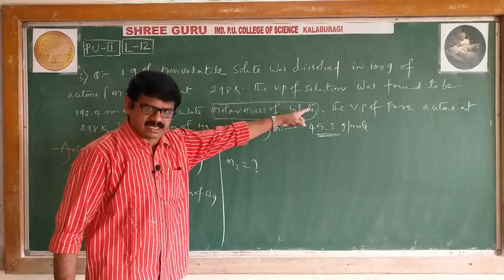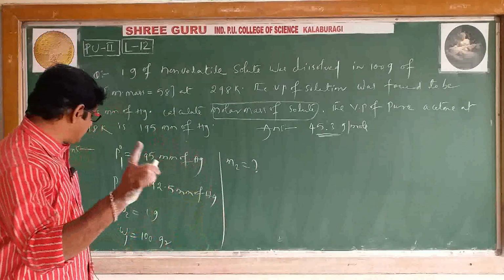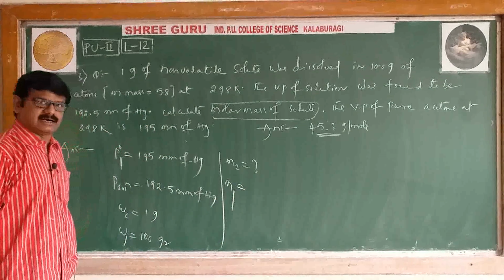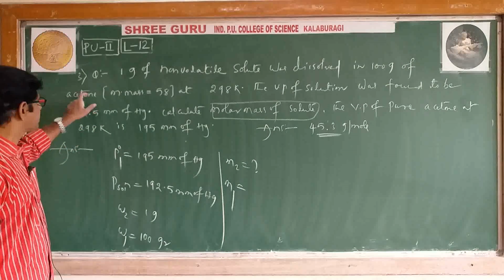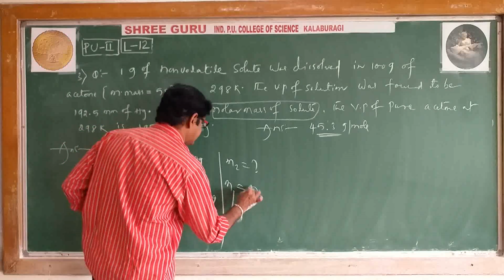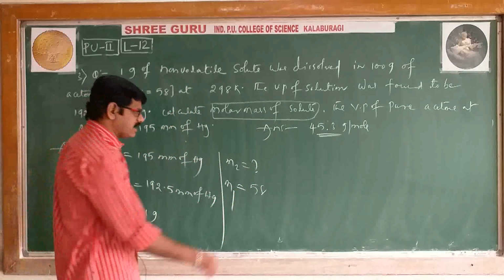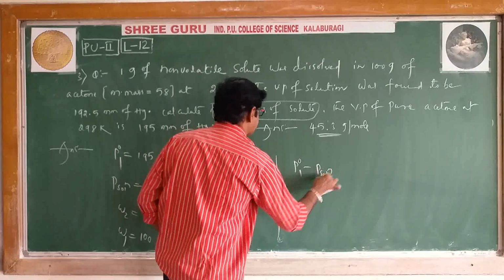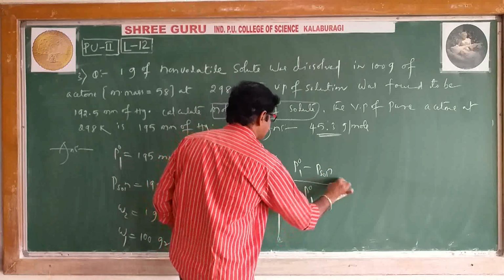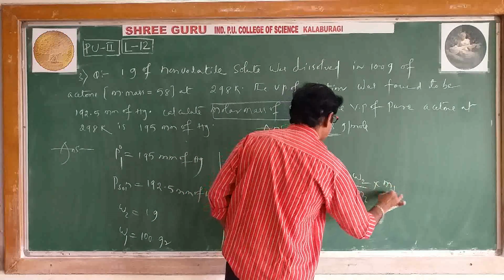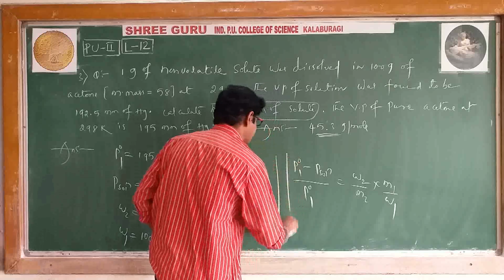Calculate the molar mass of solute. And one more value is required, that is M1, the molar mass of solvent. Who is the solvent here? Acetone is the solvent and its molar mass is already given, 58. Our formula is already known to you. P01 minus P solution by P01 is equal to W2 by M2 into M1 divided by W1 is our formula.